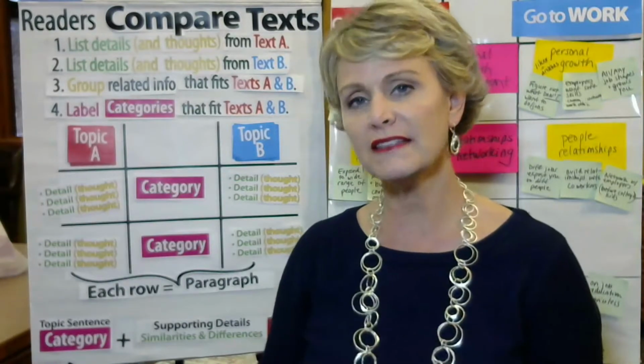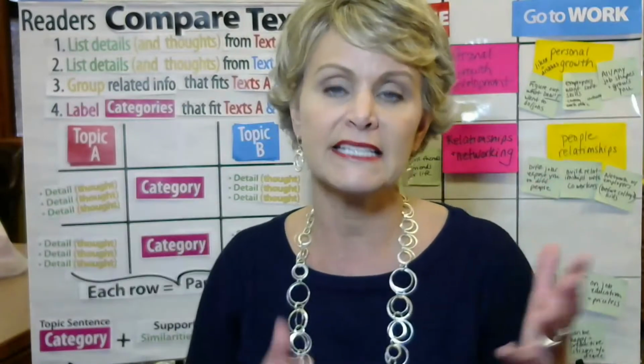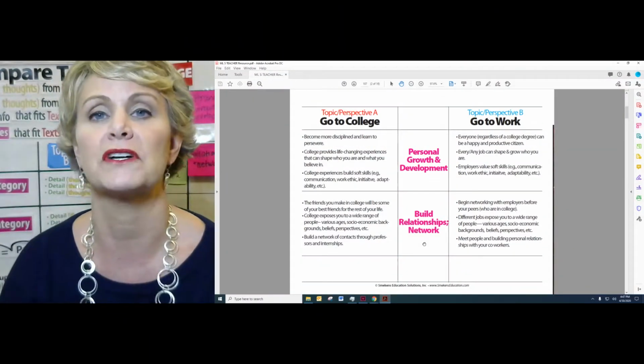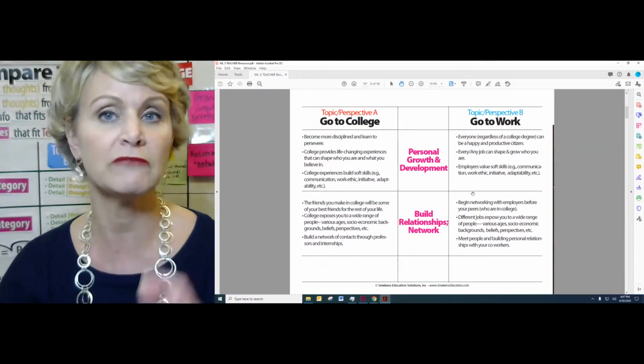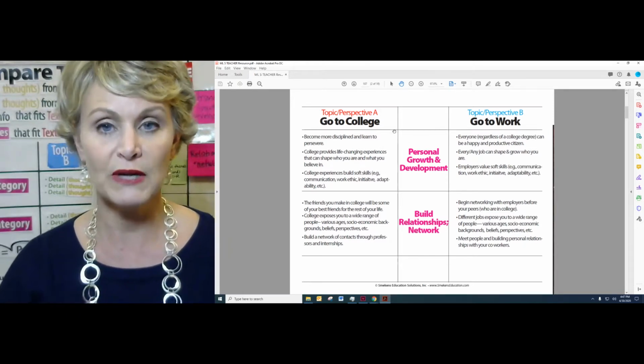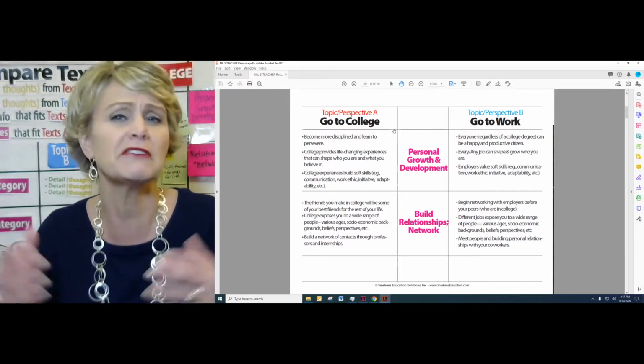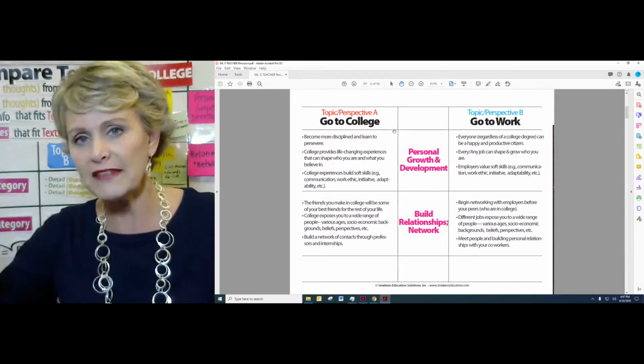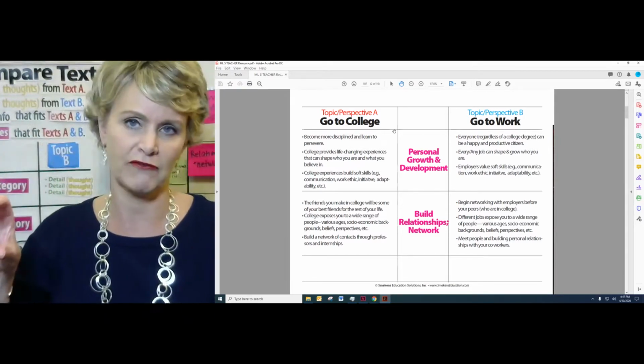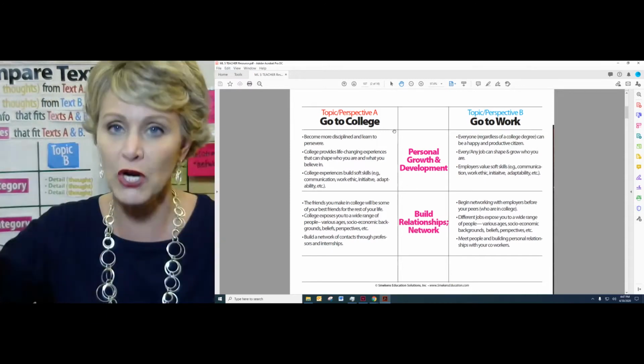Okay, so using the content from the last lesson when we looked at going to college and facts and details about going right into the workforce, we kind of came up with two inferred categories. One, when we were comparing those two concepts, was, well, you grow personally, you develop personally, whether you go to college or you go into the workforce. It's a little different here and there, but growth happens.